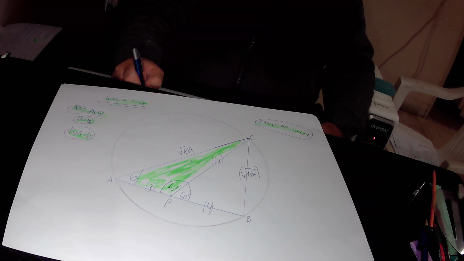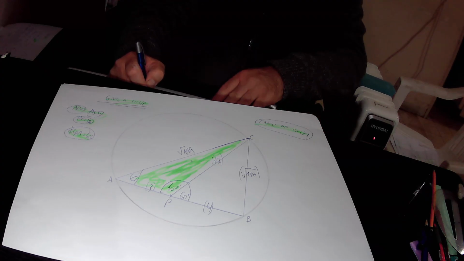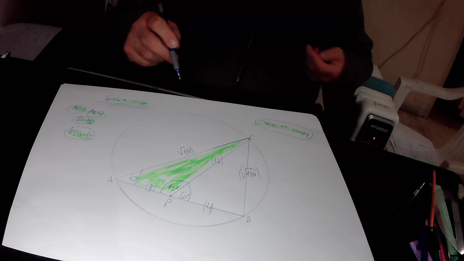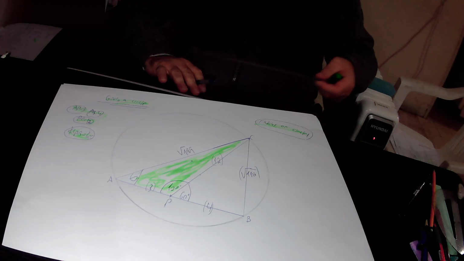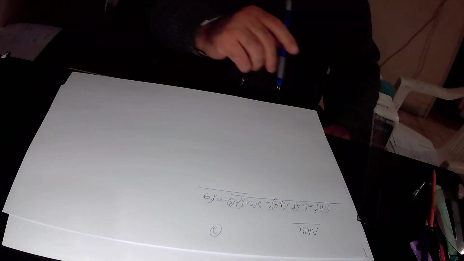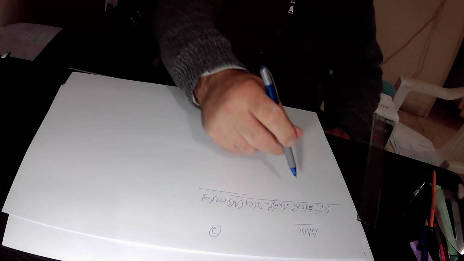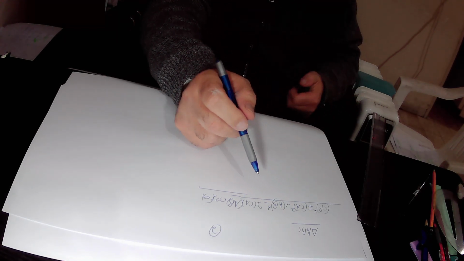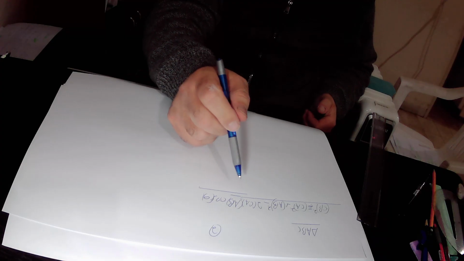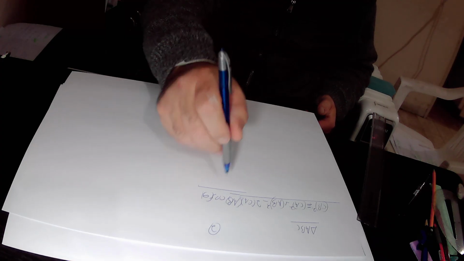So again according to the law of cosines, in this triangle ABC, the following equation is true. CB squared equals CA squared plus AB squared minus 2 times CA times AB times cosine alpha.